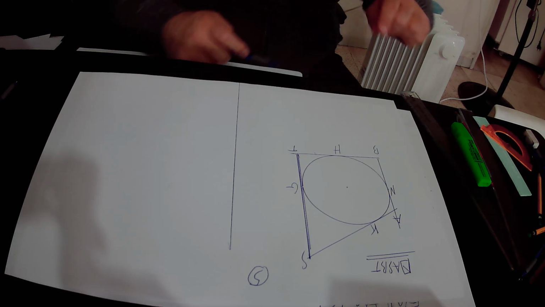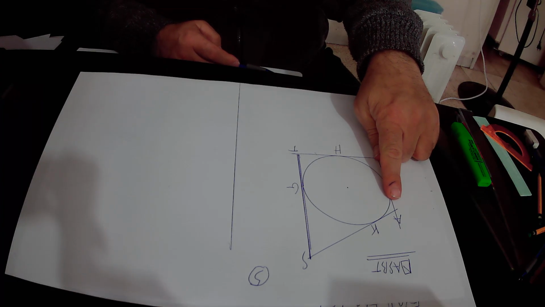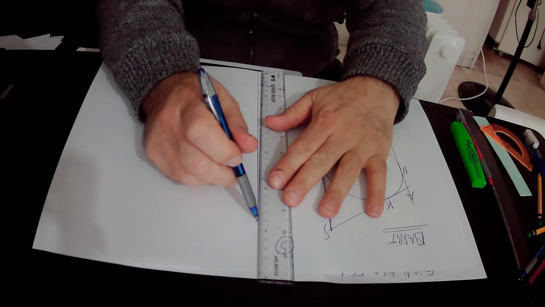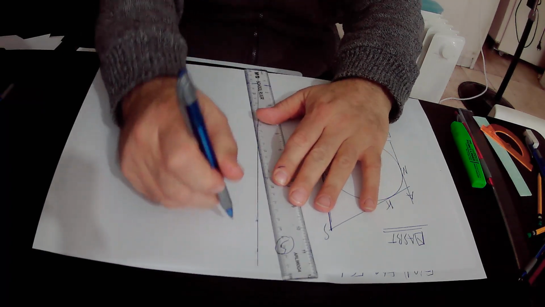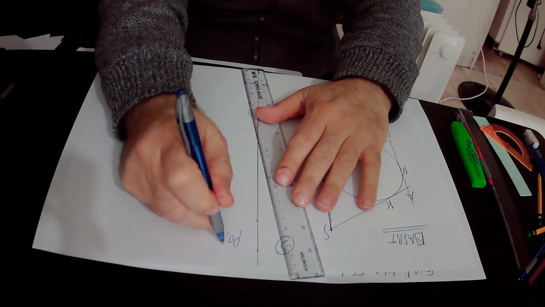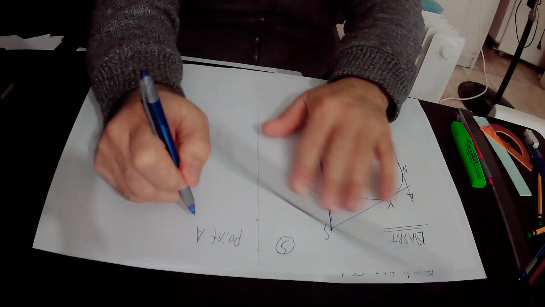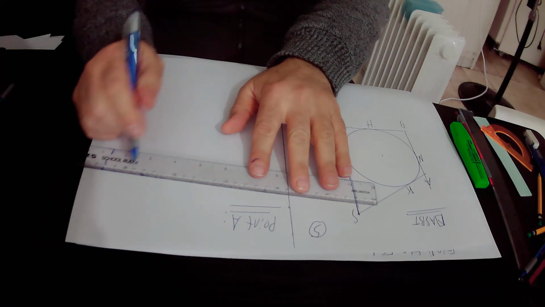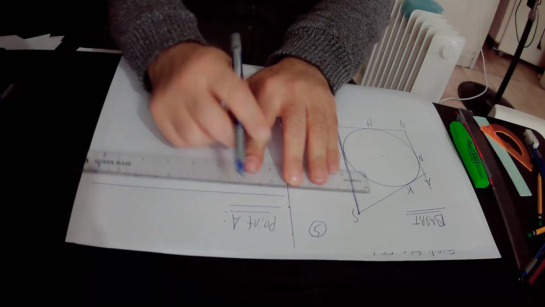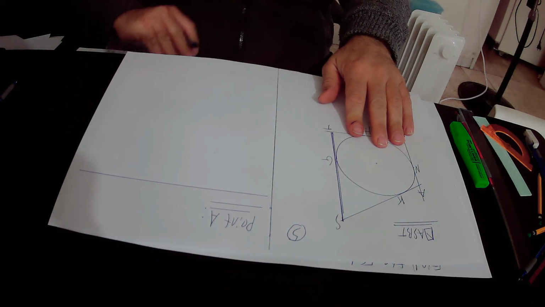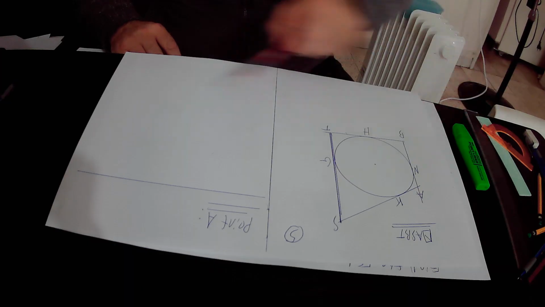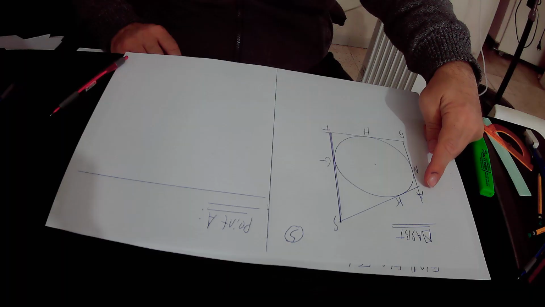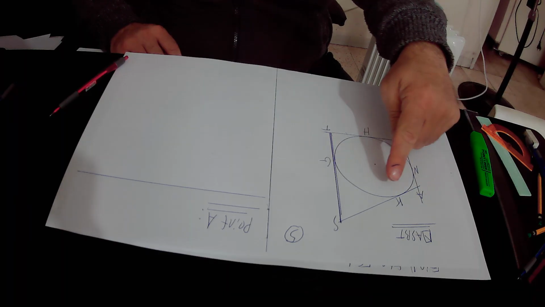Because if you focus on the common external point A, from point A we have two tangents to this circle, tangent AN and tangent AK.